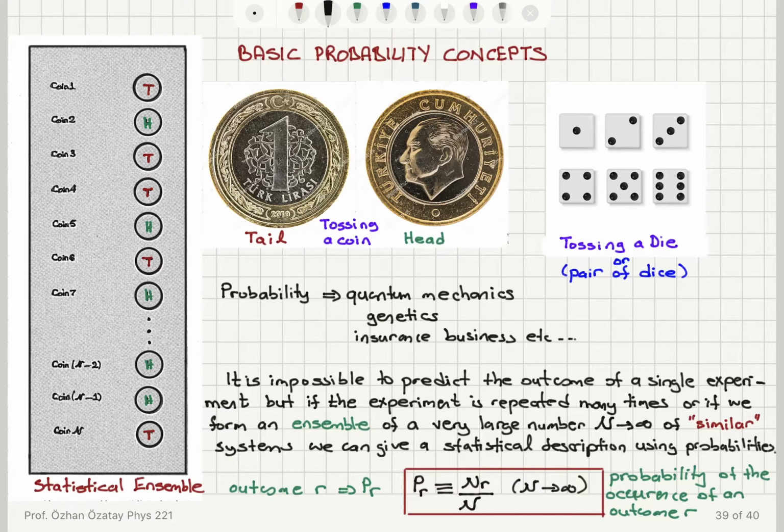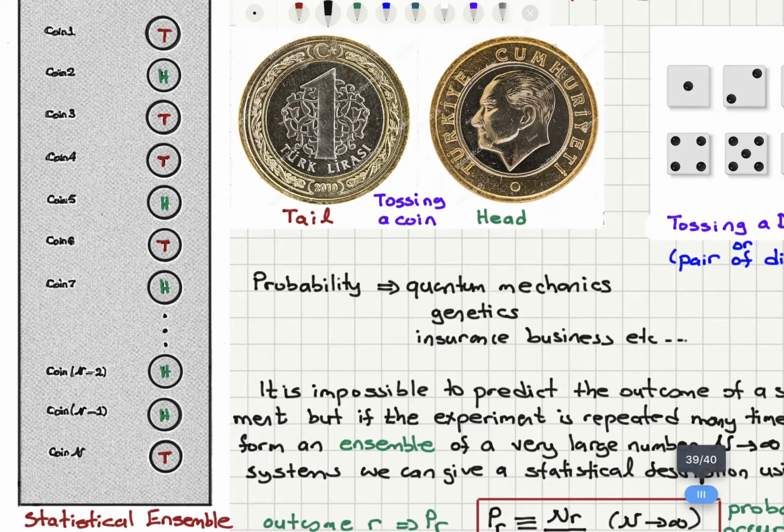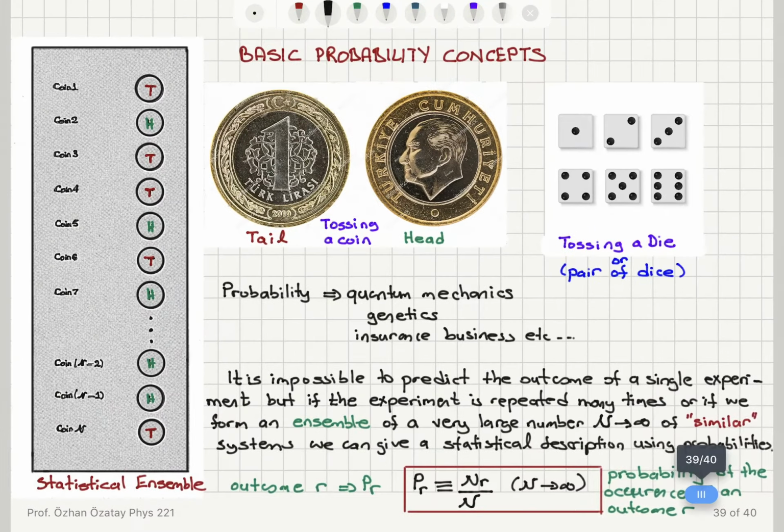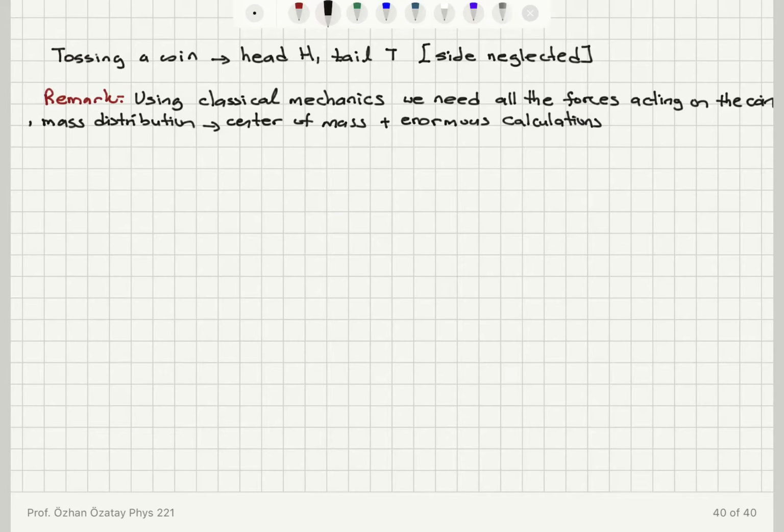So here's the ensemble, and we can do this experiment once with all of the coins tossed at the same time under the same conditions. That is, all the coins are similar, so that I'm getting a statistical ensemble, and I do this experiment.